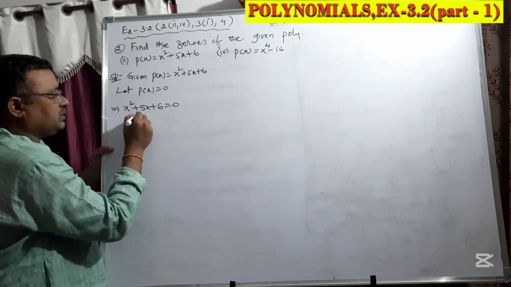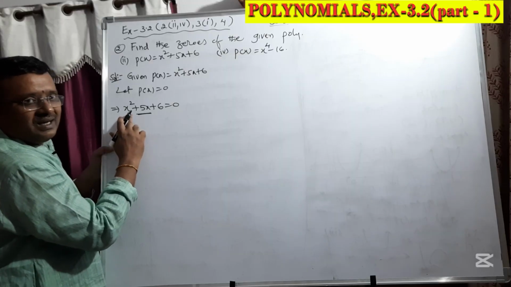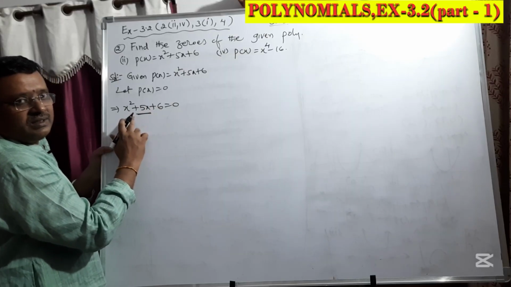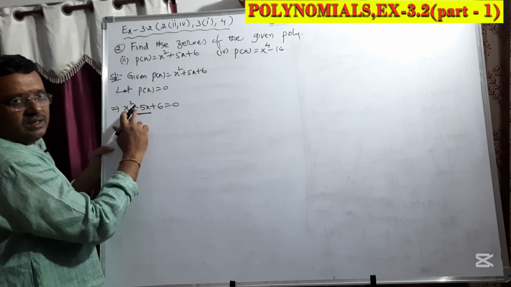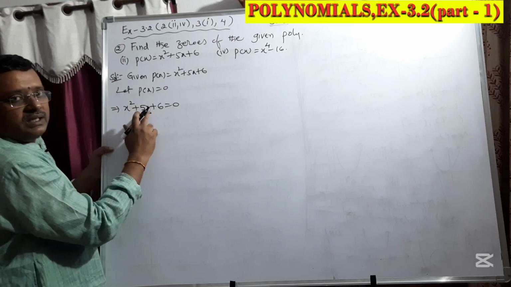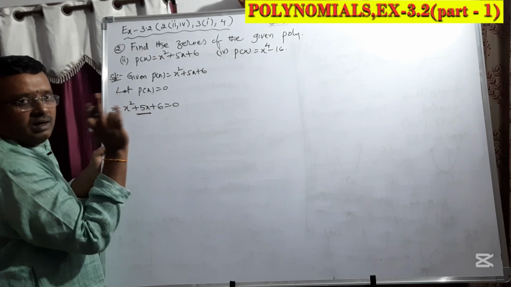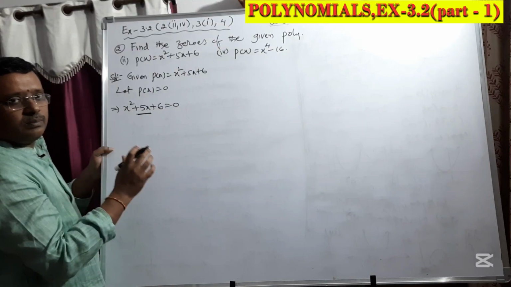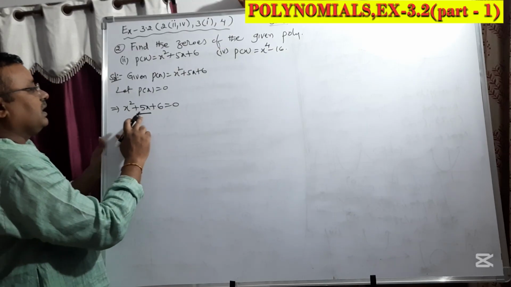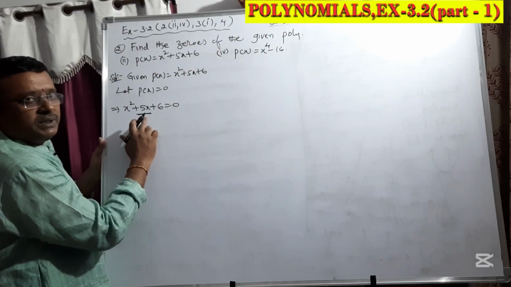We have to split this middle term because already it is in order: x² term, degree 2, the highest power of the variable, next x to the power 1, then the constant. Order must be there to make the problem easy. Now factorization means splitting the middle term.